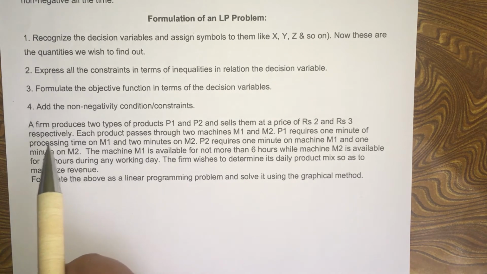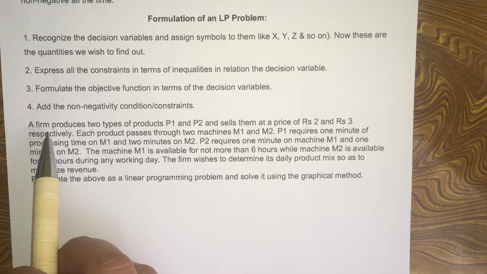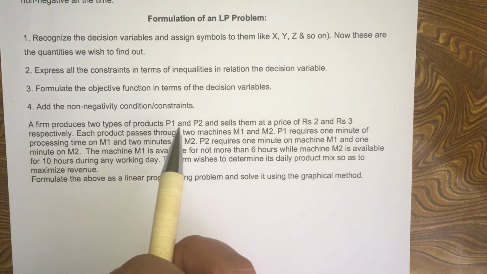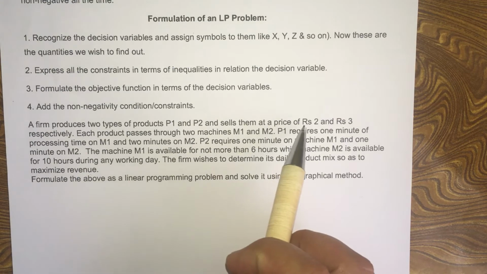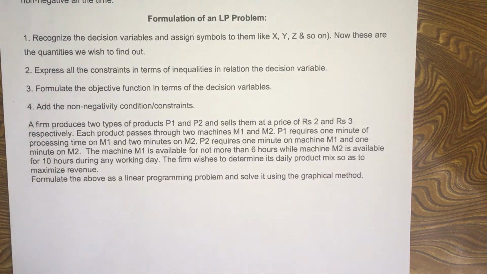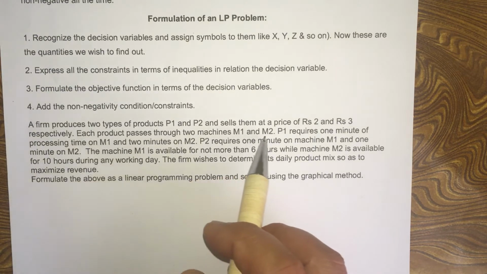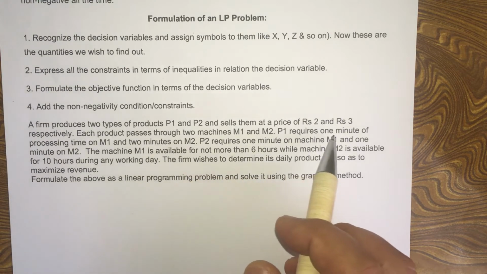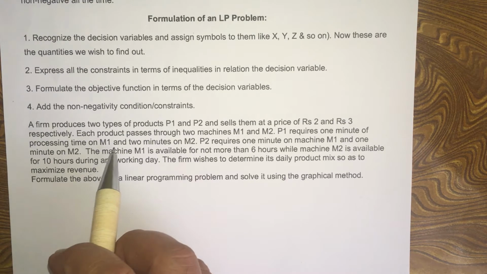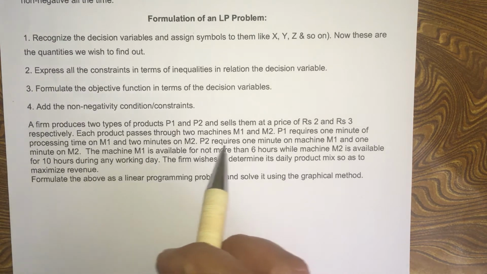Now here we have an LP problem. A firm produces two types of products, P1 and P2, and sells them at a price of rupees 2 and rupees 3 respectively. Each product passes through two machines, M1 and M2. P1 requires 1 minute of processing time on M1 and 2 minutes on M2.